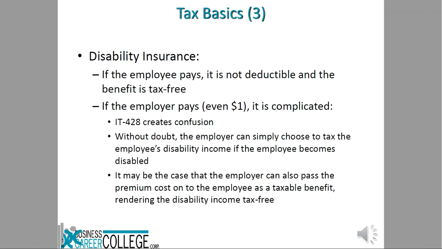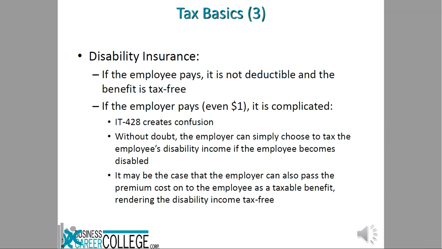We certainly do know that when the employer pays even for the tiniest portion of the group benefits plan, we do end up with a taxable benefit to the employee somehow. The question becomes, can we tax the employee at the time when they receive their disability benefit, or are we going to pass on a taxable benefit that is T4 for the employer for the amount of premium paid?